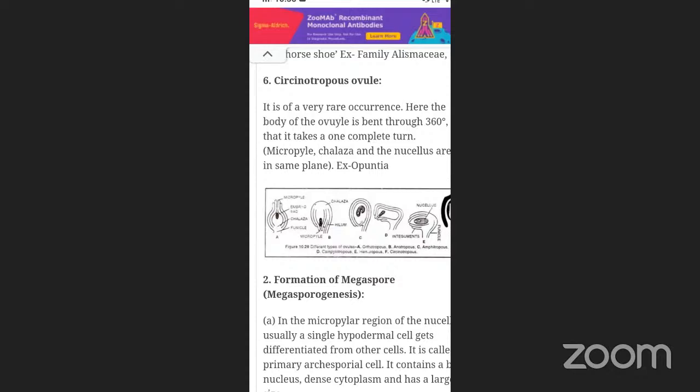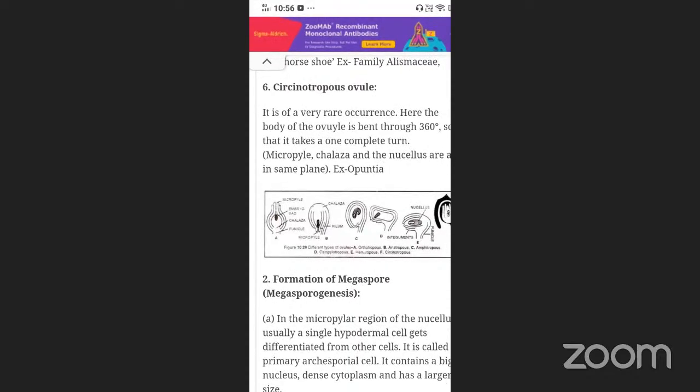Sir, excuse me. Sir. Hello? Hello? Sir, your screen is showing only the cystiotropous ovule, but you are explaining about the endothecium. Okay. So here, the obturator here.